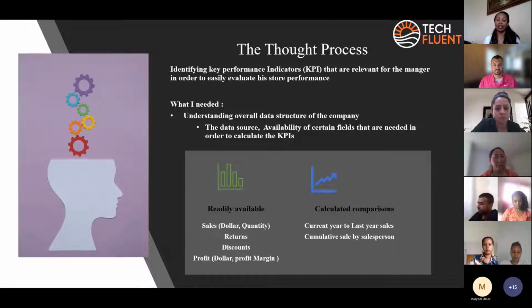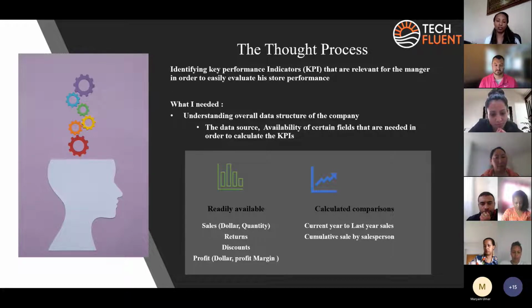But before I suggested the visibility of the KPIs, I needed to know the data structure of the company. I needed to know the data source and availability of certain fields needed in order to calculate the KPIs. In the initial investigation, Contoso uses a relational database. It's SQL based.